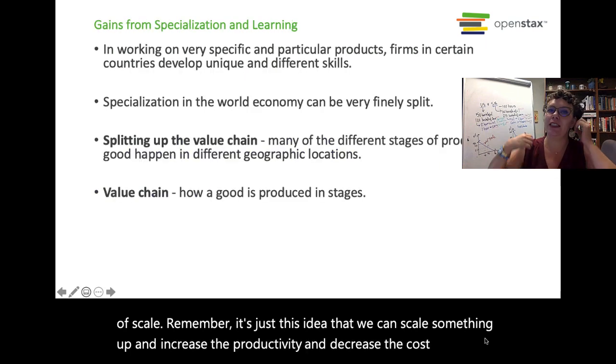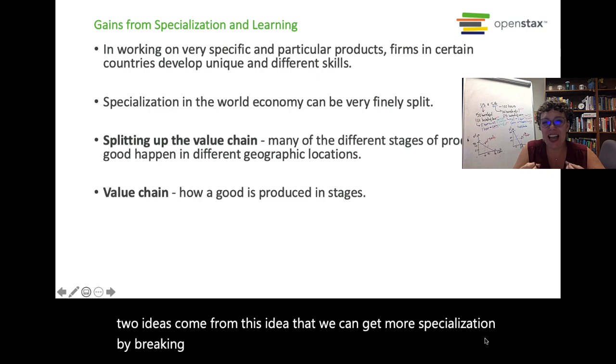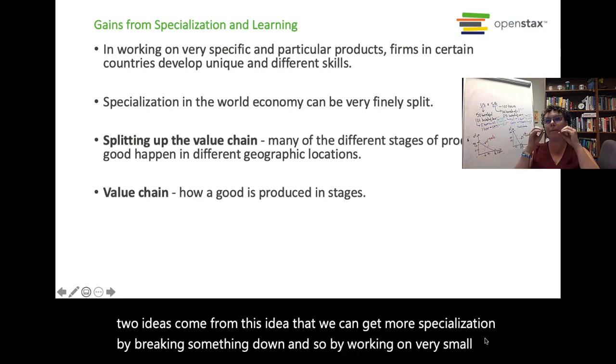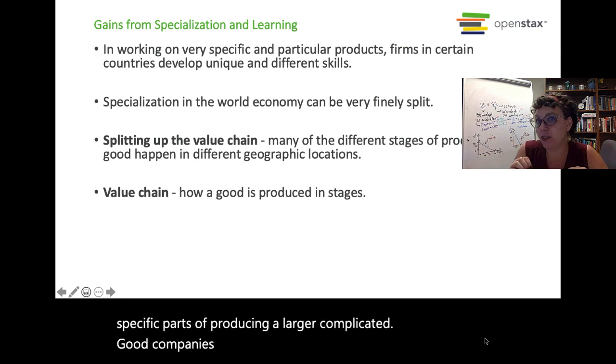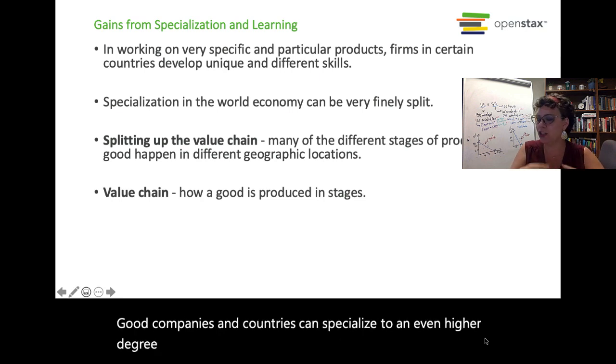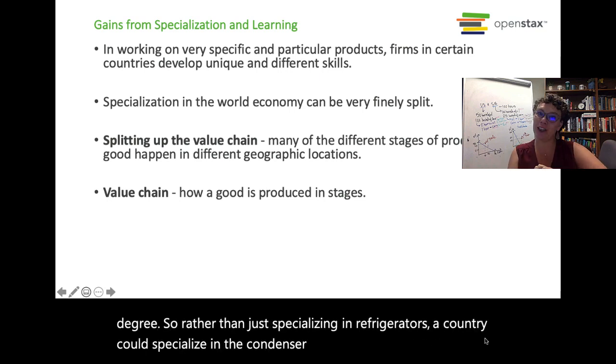So these 2 ideas come from this idea that we can get more specialization by breaking something down. By working on very small, specific parts of producing a larger, complicated good, companies and countries can specialize to an even higher degree. So rather than just specializing in refrigerators, a country could specialize in the condenser for refrigerators.